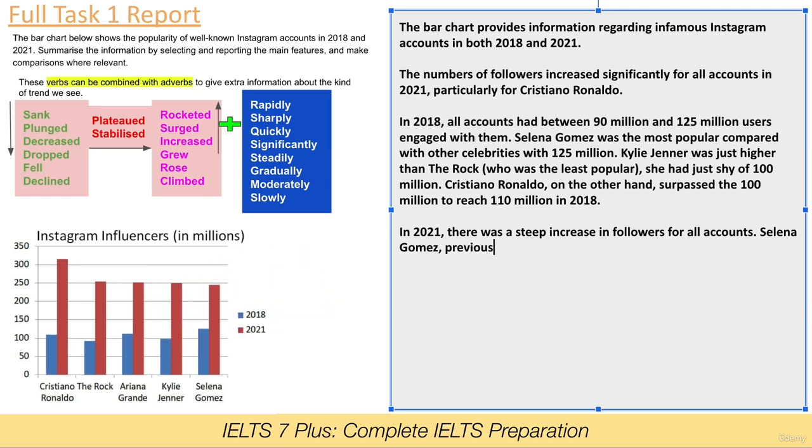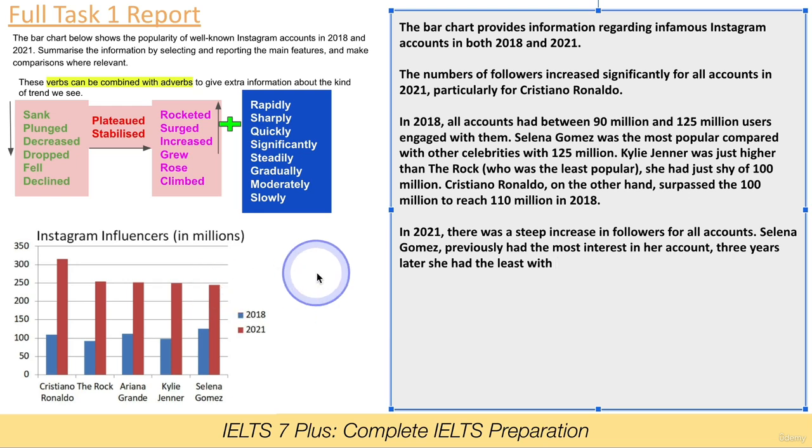Previously had the most interest in her account. 3 years later, she has had the least with, we're thinking about maybe 245 million.